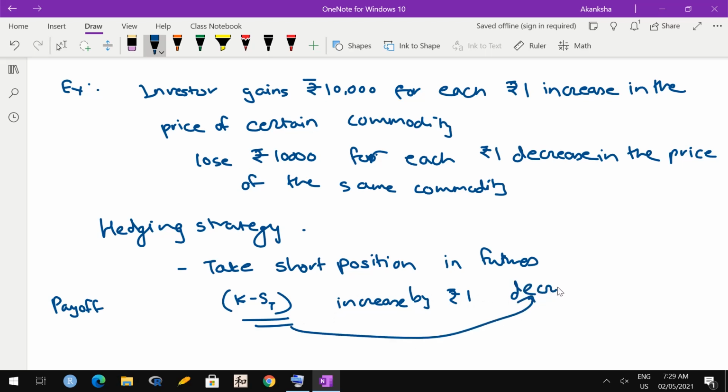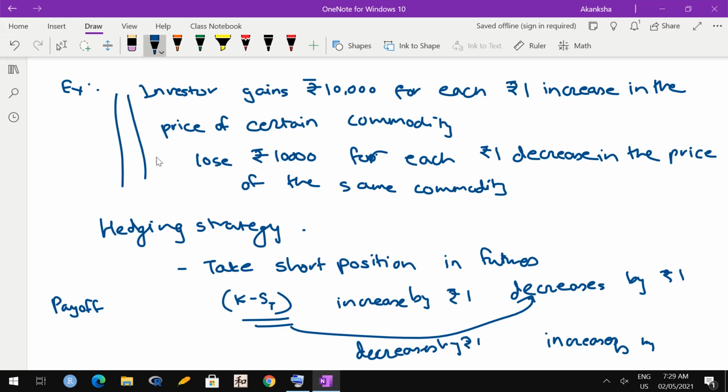Because now it is K minus ST. So ST becomes ST plus 1, and your payoff becomes K minus ST minus 1. And if market price decreases by 1 rupee, then your payoff increases by 1 rupee. Correct? So this is exactly opposite to what was the situation here.